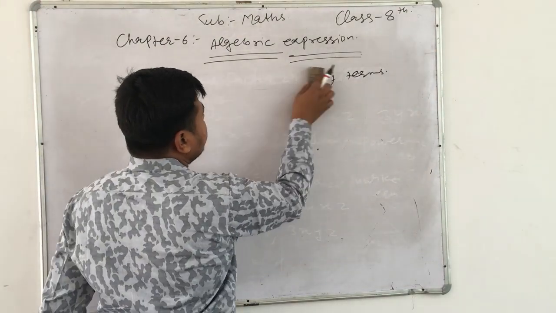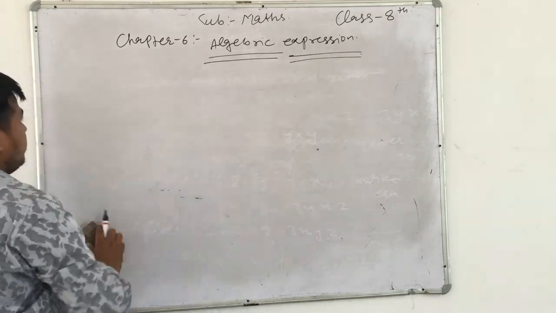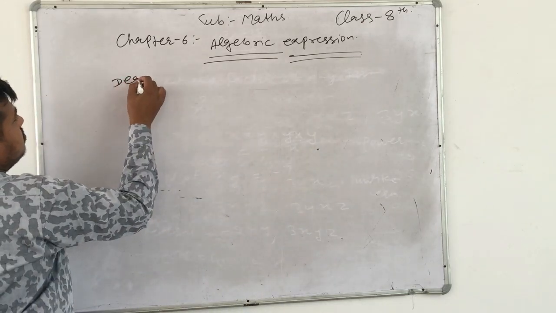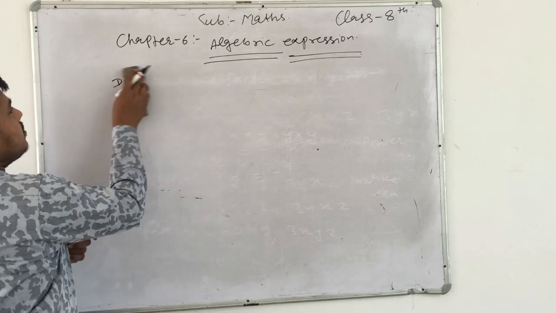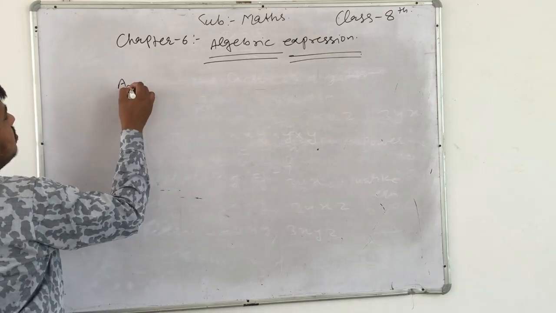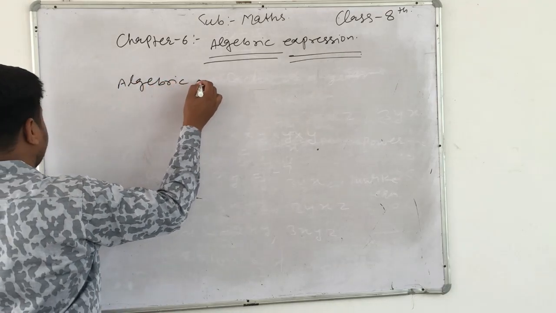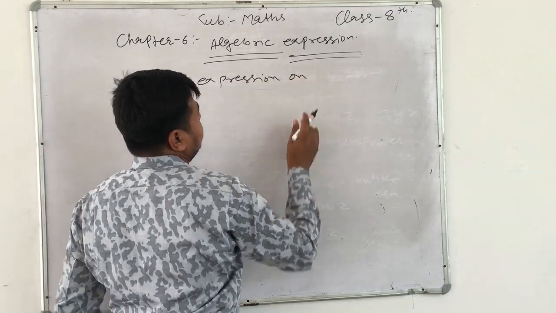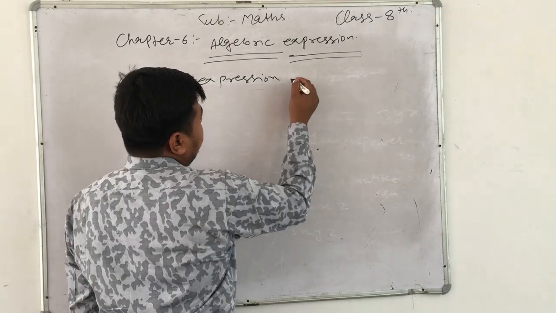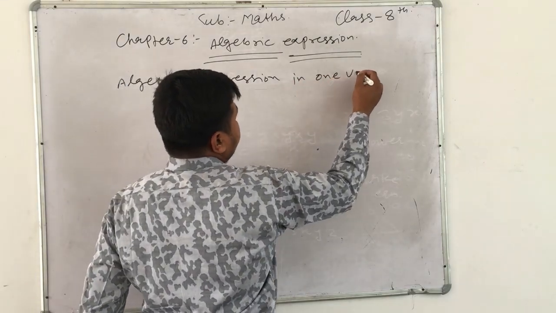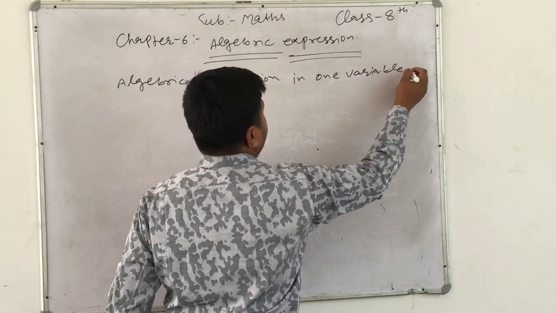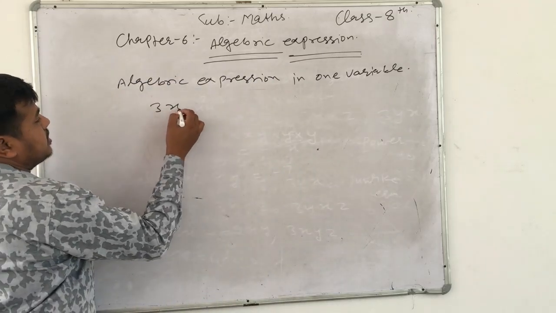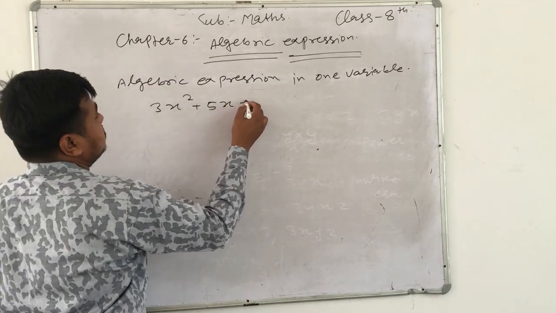After that, degree of algebraic expression. Before degree, algebraic expression in one variable. Like 3x square plus 5x plus 7.